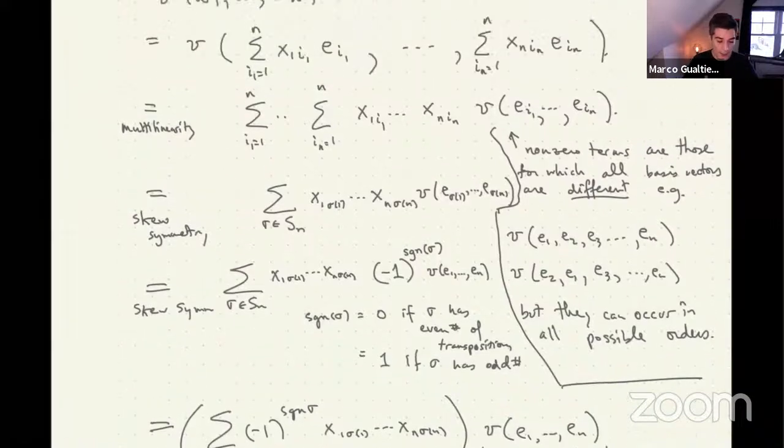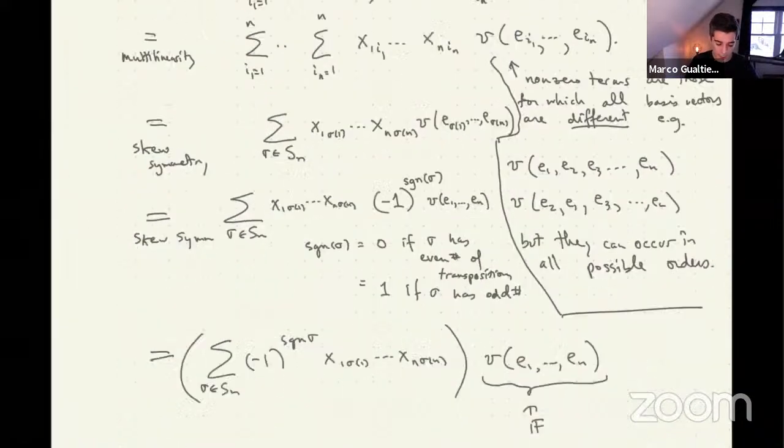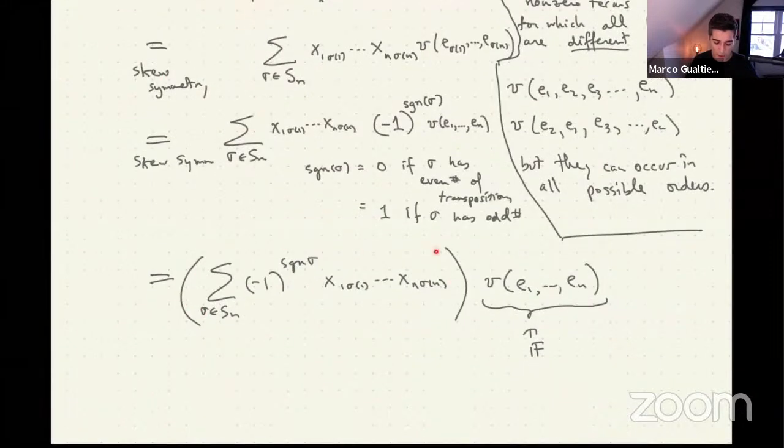So you see that a volume of an arbitrary list of vectors is this expression multiplied by this number. And this number is just a number in the field. So you see that there's really only one, it's a one-dimensional problem. If you know the volume of a basis, that tells you the volume.